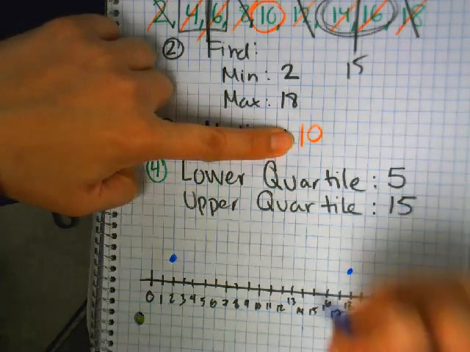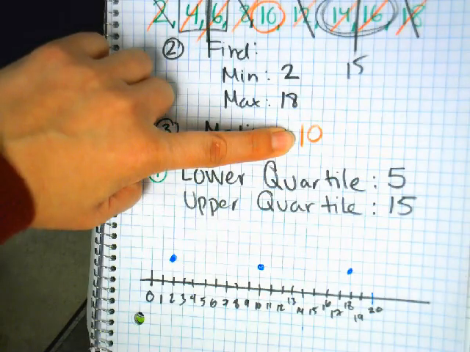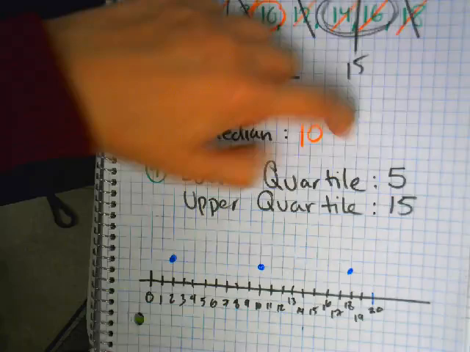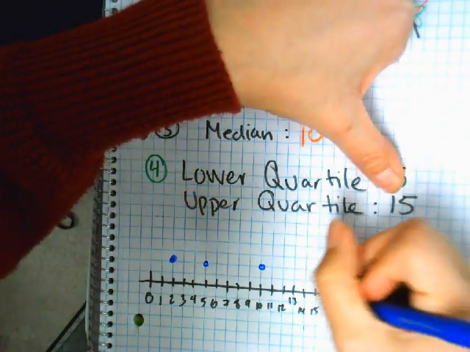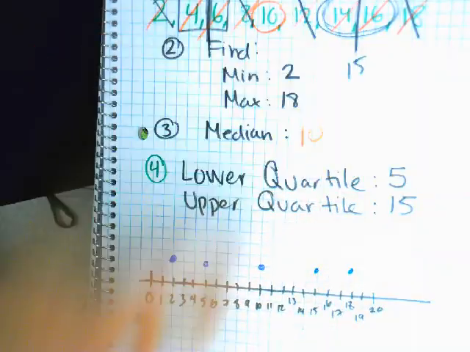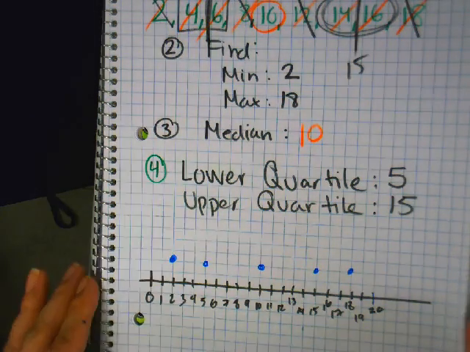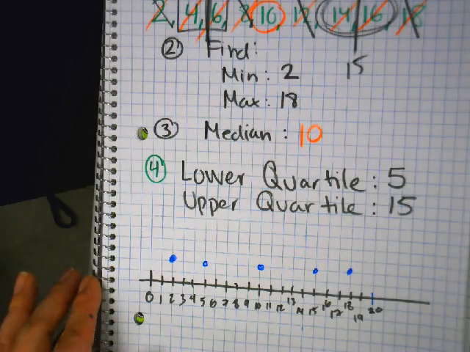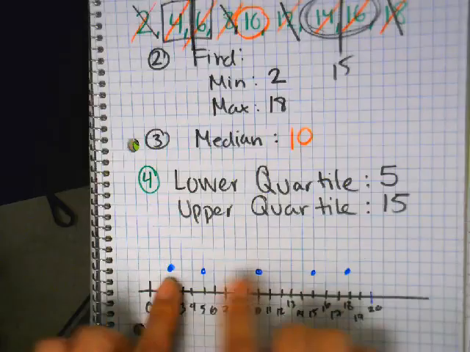Then the number 10. Then lower quartile is 5. Upper quartile is 15. Okay? So here we have all of these numbers, but all we do is plot these 5, and that's it.